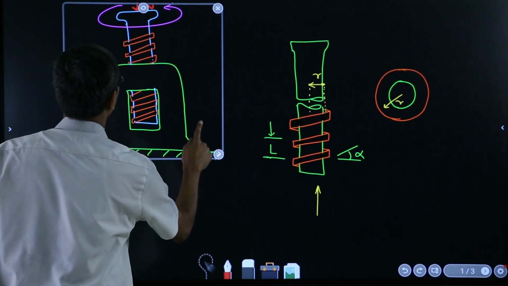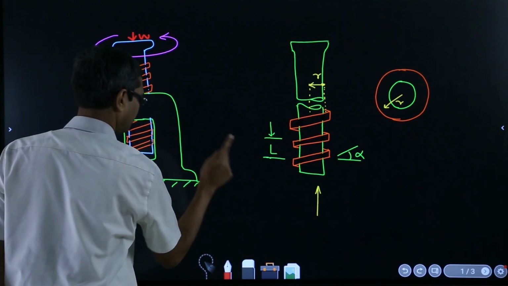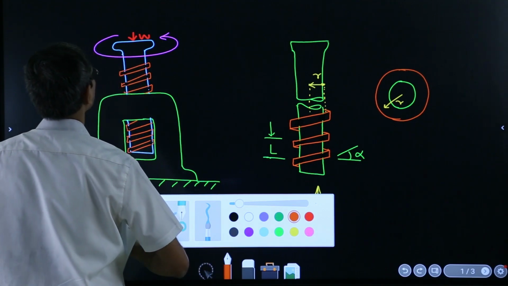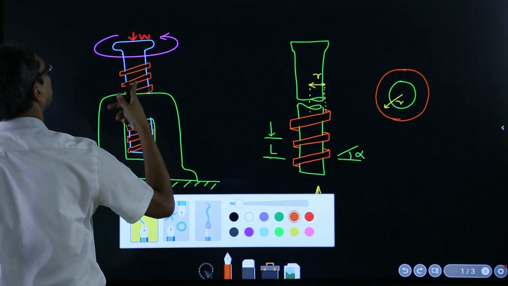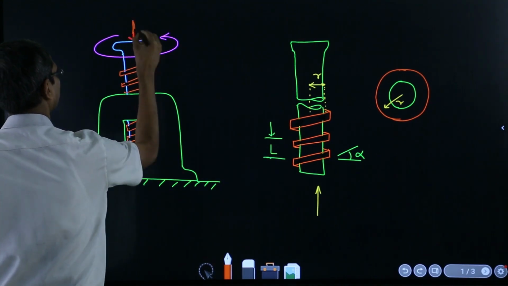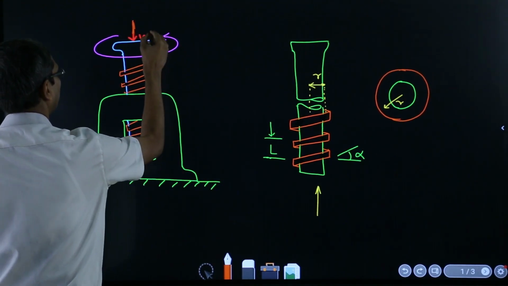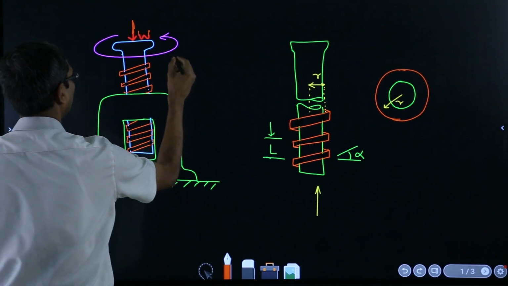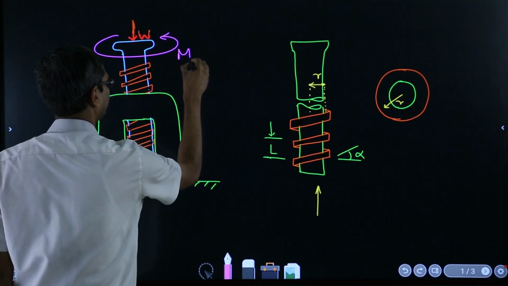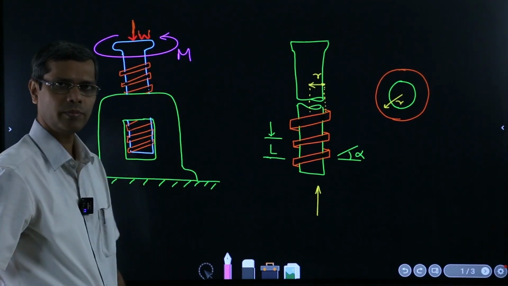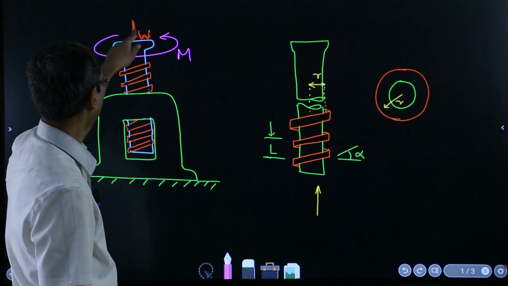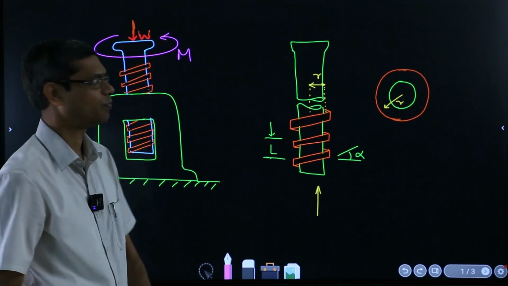So this W is the weight W, which we are lifting by this moment M. Say, if we are giving a moment M to this screw thread, so that it goes up, thereby lifting this weight W.